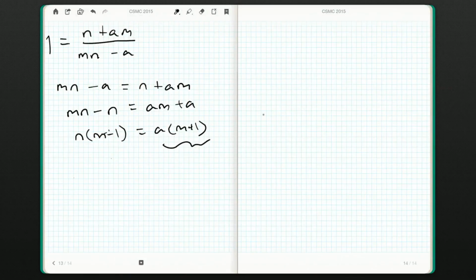Should I be solving for everything in terms of a? Maybe I can get (m minus 1) over (m plus 1) to be a over n.